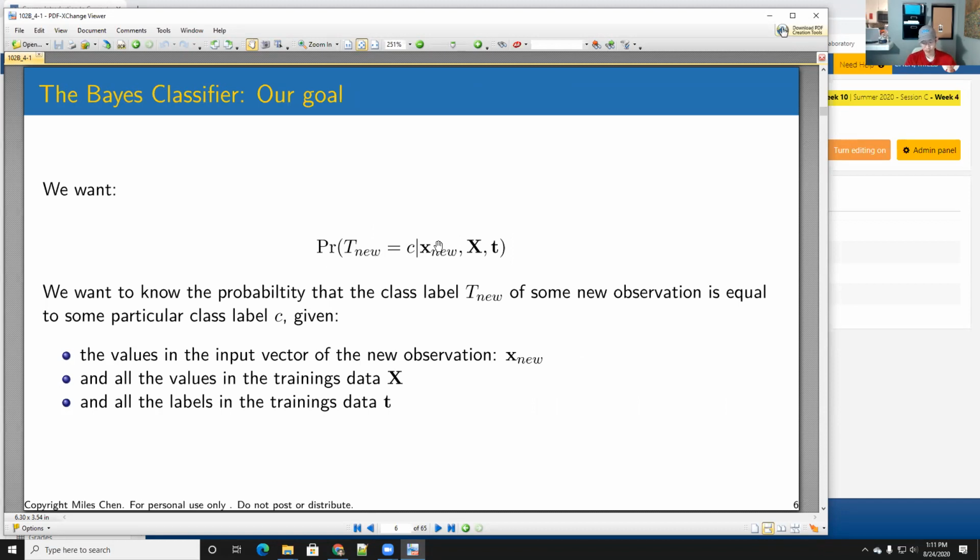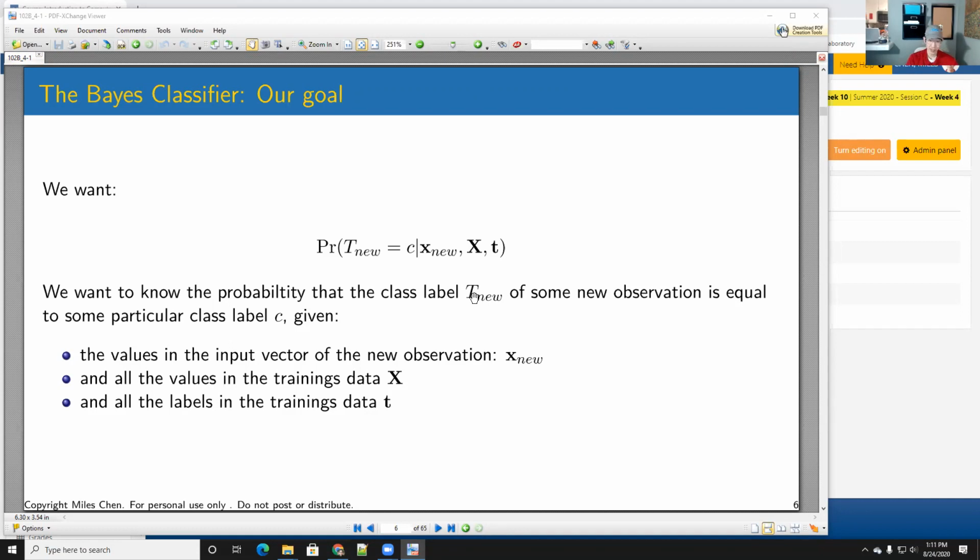So given these four measurements, the petal length, petal width, sepal length, and sepal width, what is the probability that these observations are a flower of this class? Or, given these values, what's the probability that it's class A or class B or class C?